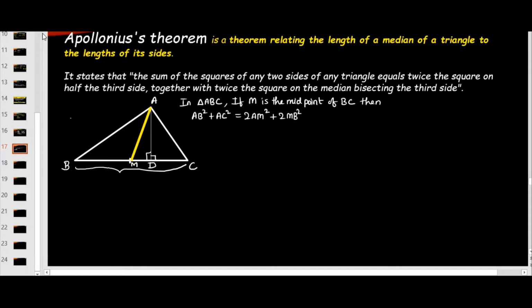So AM is the middle length, that's the third side, together with twice the square on the median bisecting the third side. So they are telling you about the length AM and MB, that is this one. Okay, so we are going to prove this. The statement is written in this form here and we have to prove this. Let us prove this now.